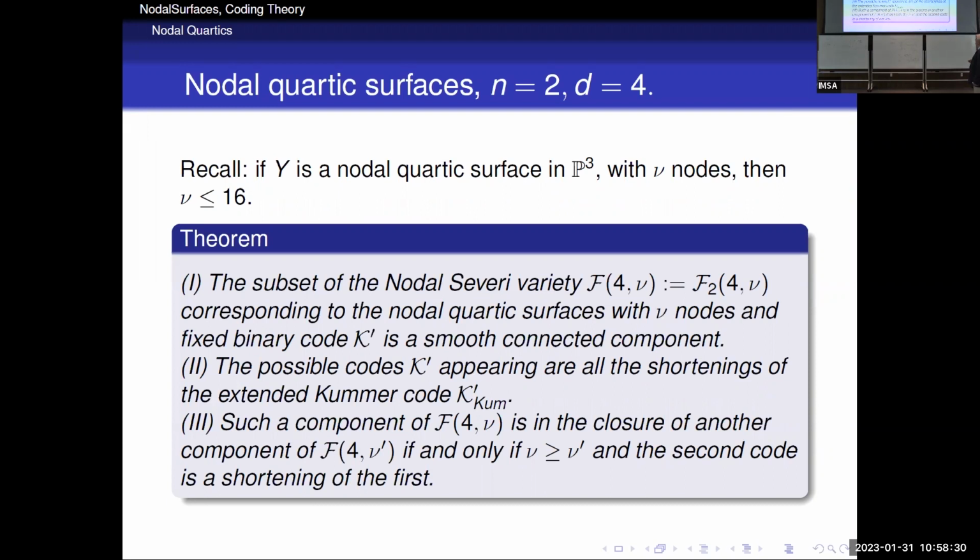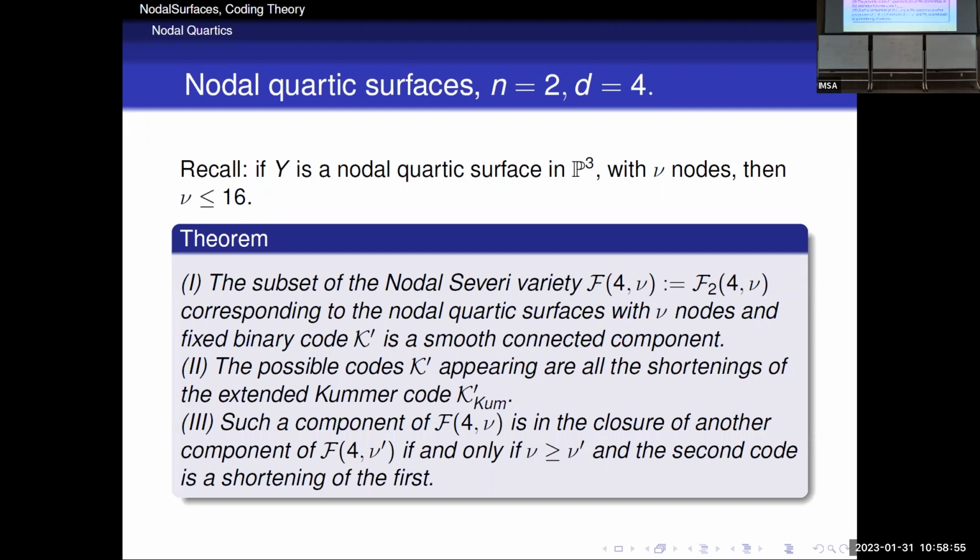Okay, so this is the result. The subset of the nodal Severi variety of quartics with nu nodes and the fixed binary code K prime is smooth and connected. Moreover, the possible codes appearing are exactly all the shortenings of the extended Kummer code, up to isomorphism.